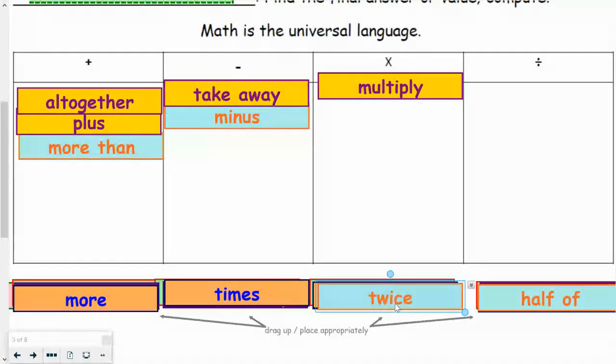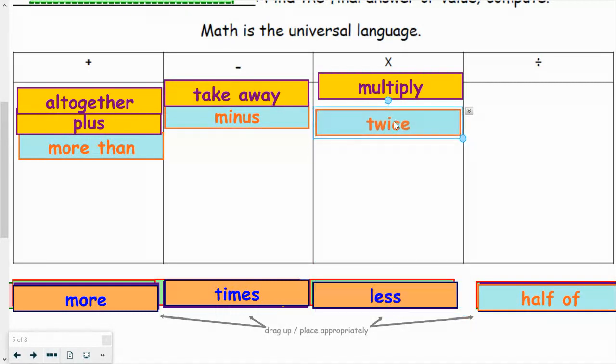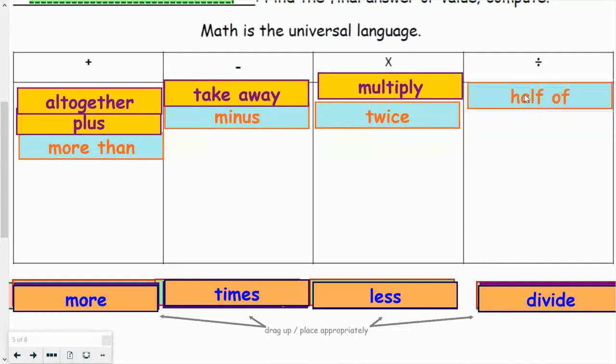Minus, that's our elementary word for our subtraction. Twice. If you have twice as many problems as Joe, that means you would take how many problems Joe has and multiply by 2. Then half of, instead of multiplying by 2, we're going to divide by 2. Okay? If you have a half of, a third of, a quarter of, that tells you that you're going to divide and by how much.